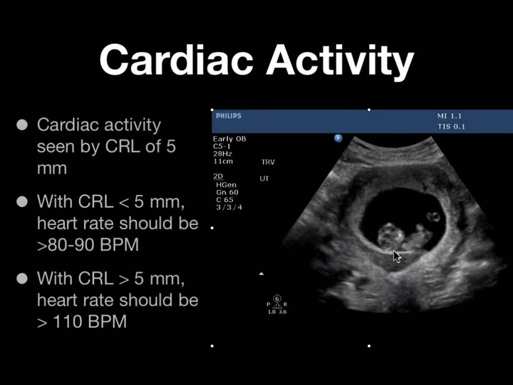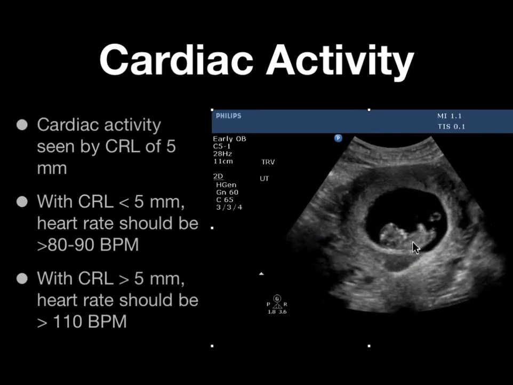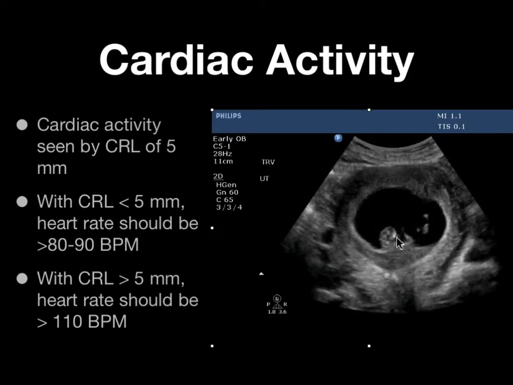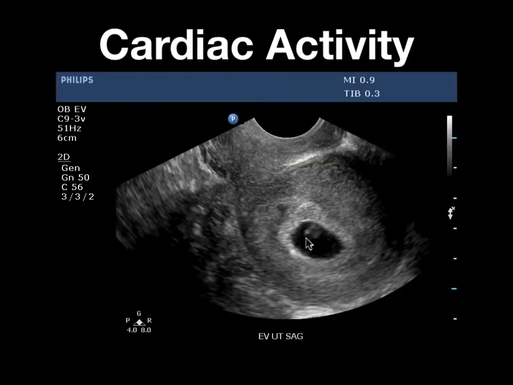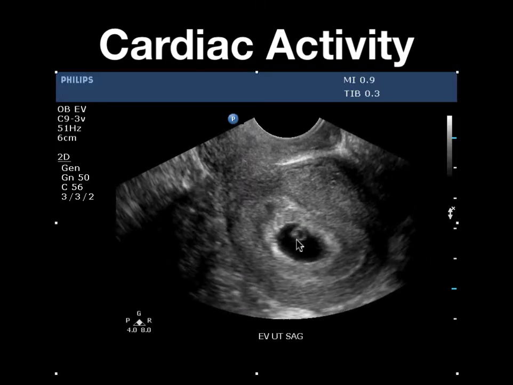So here we've got a video clip of an embryo with obvious cardiac activity. This is a more advanced embryo here. Here we have a very early embryo. This is the yolk sac here, and here you've got an embryo that measured about 2.3 millimeters. And if you look on the clip here, you can see the flicker of the heartbeat.